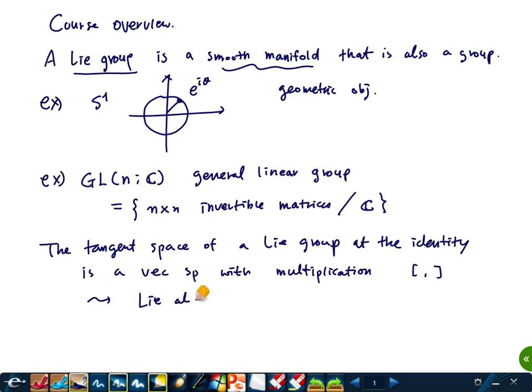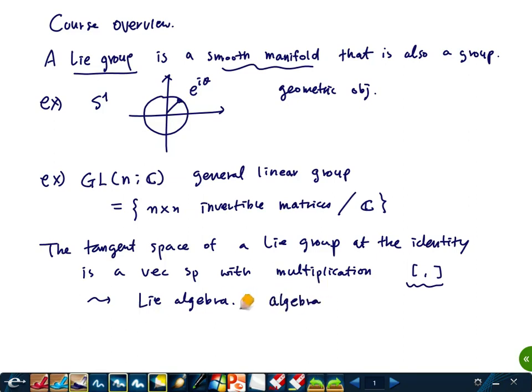So an algebra is a vector space with multiplication structure, and a Lie algebra is not just an algebra, but one that has an additional condition. So this bracket must satisfy some condition called the Jacobi identity. So a Lie algebra is basically a vector space or algebra.